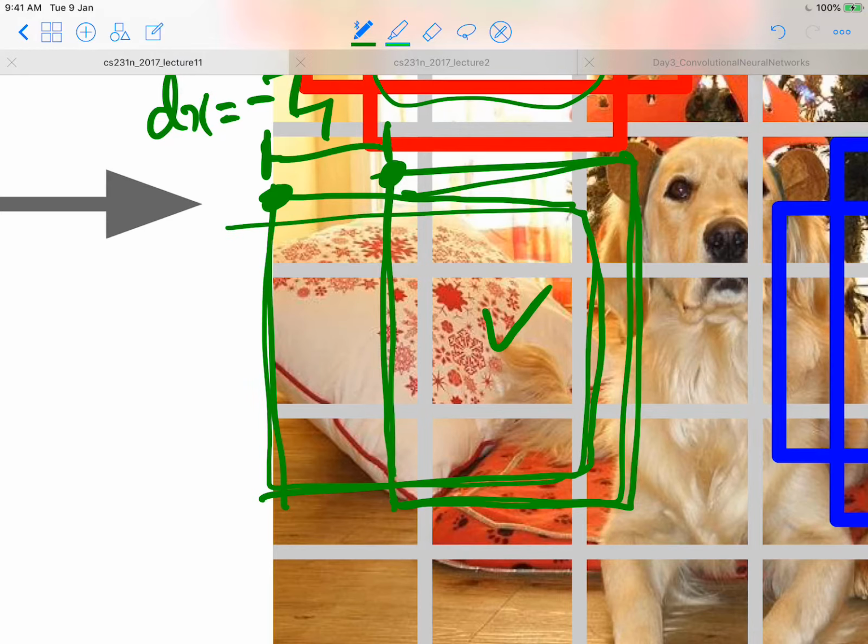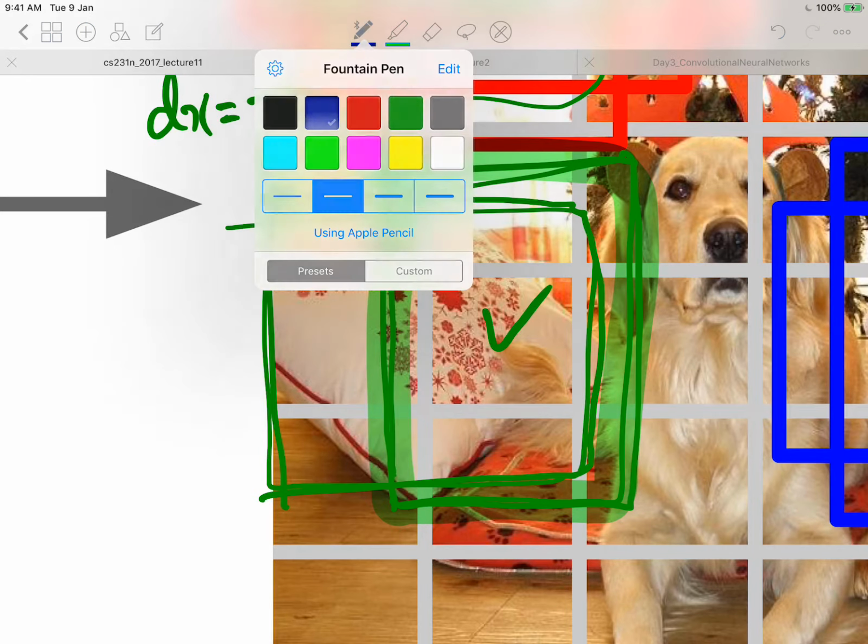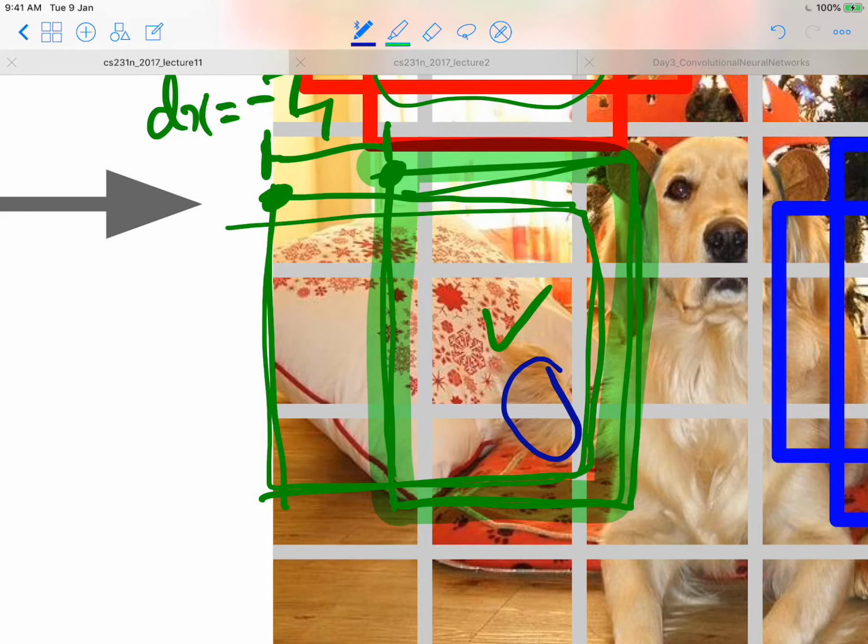Purely looking at this region, can you make sure that this bounding box definitely belongs to the pillow? It is not, because it actually involves maybe some hair of the dog, right? So in that case, that base bounding box may not be classified as purely a single class.